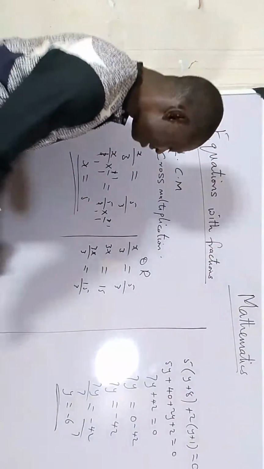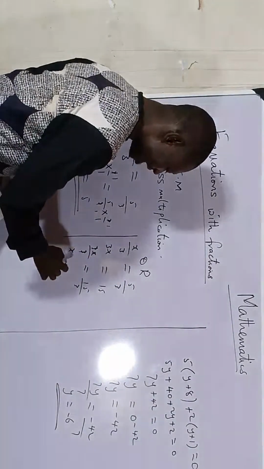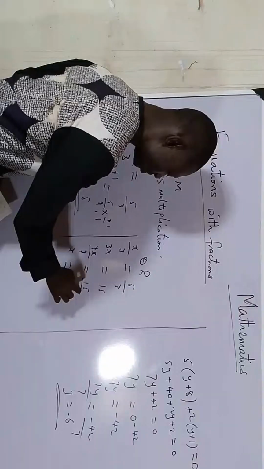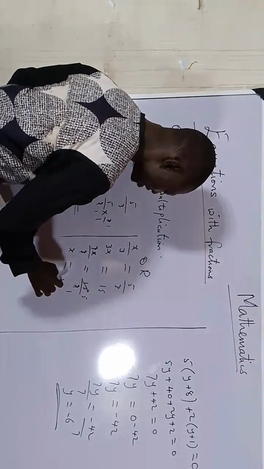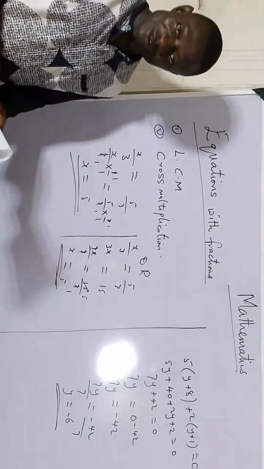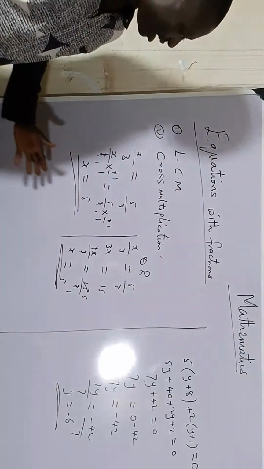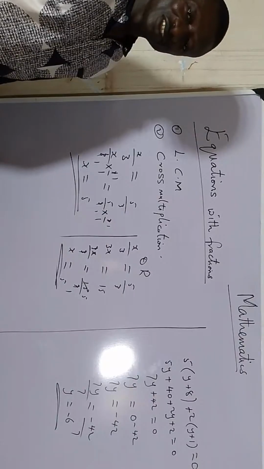What do we get here? We divide by the coefficient of the unknown to have x is equal to 15 divided by 3, which gives you 5. The same 5 we got before has emerged. So whether you use the LCM method or cross multiplication method, both of them will solve the same problem.